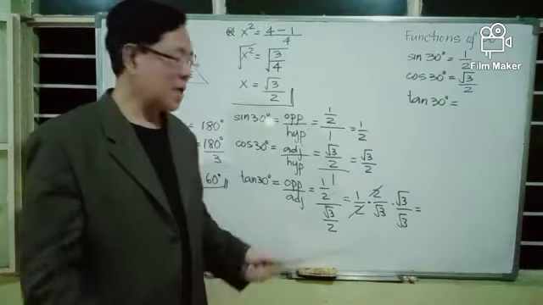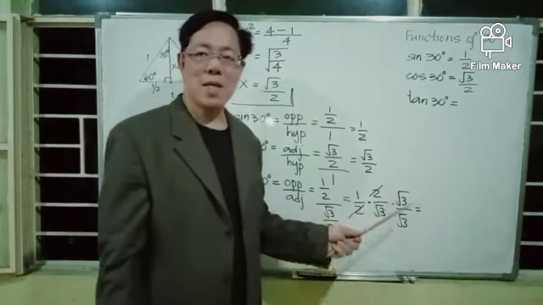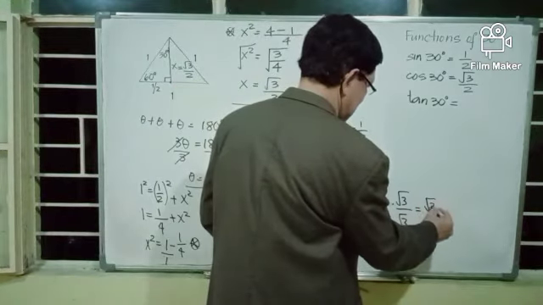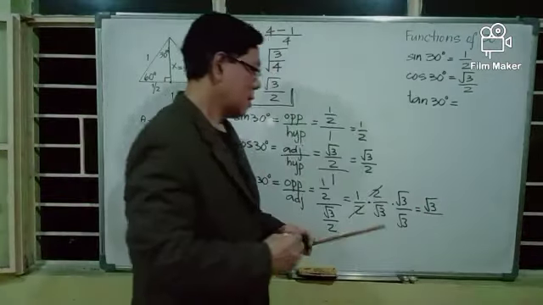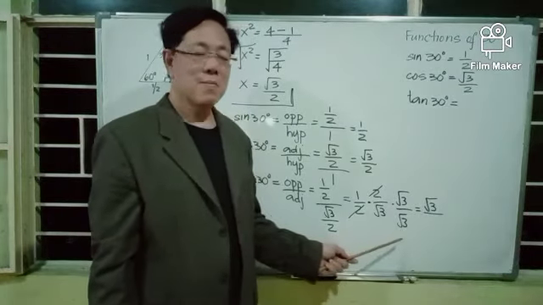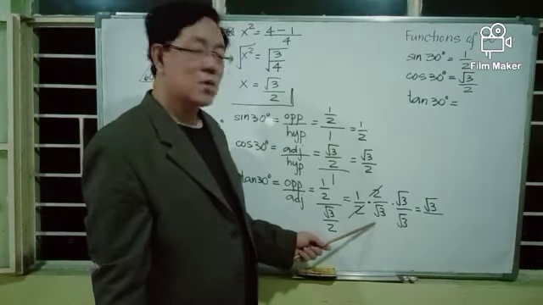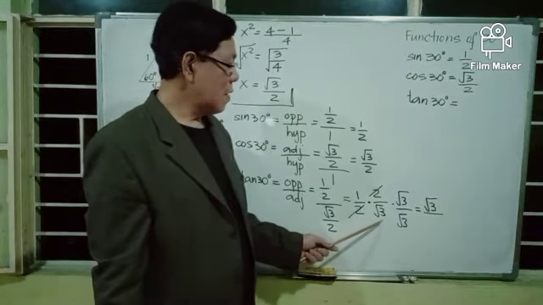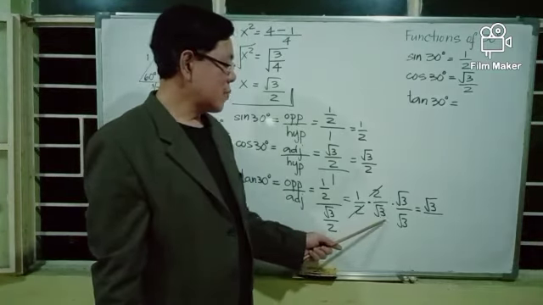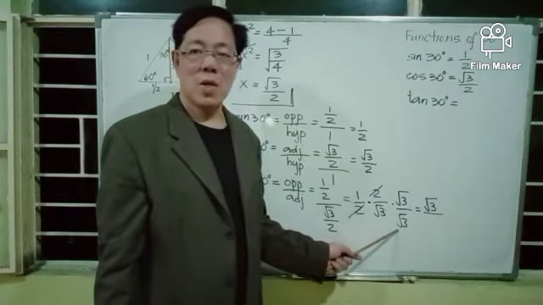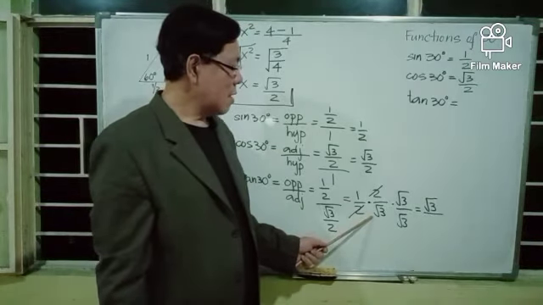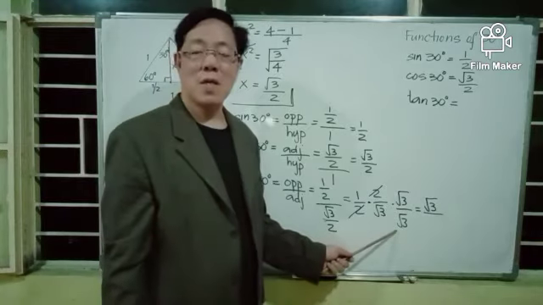We multiply the numerators. 1 multiplied by square root of 3 is square root of 3. Square root of 3 times square root of 3 can be written as a single radical equal to the square root of 3 multiplied by 3, which is 9. Why square root? Because the common index between the two radicals is 2.